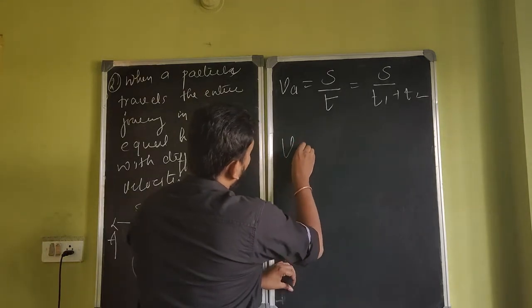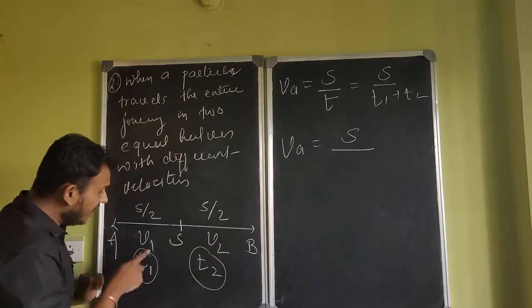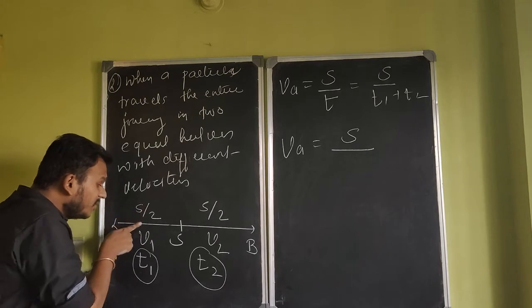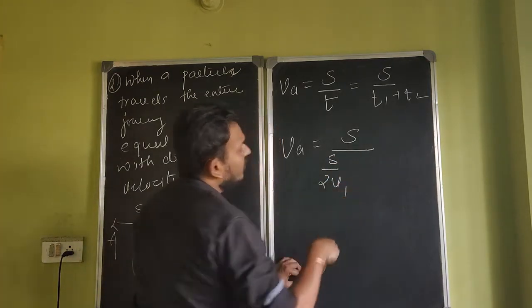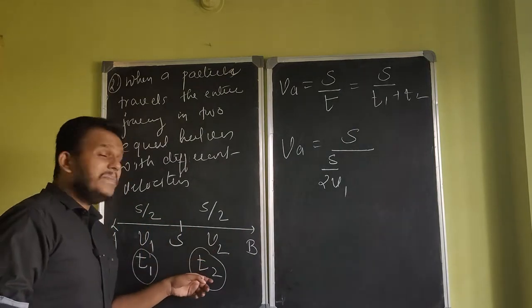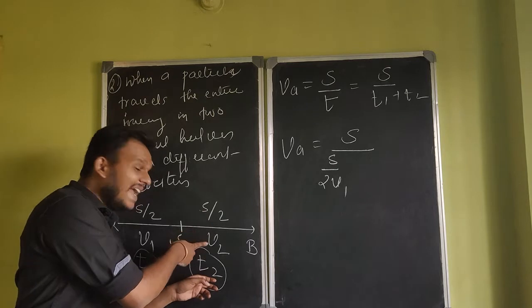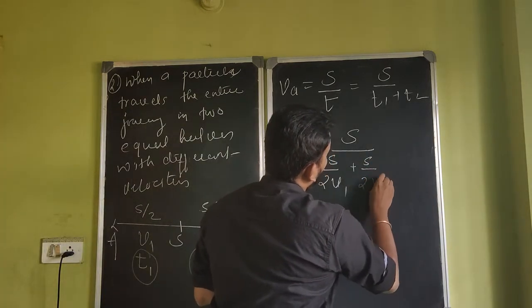So average velocity anyway is s divided by t1 plus t2. t1 is going to be equal to this displacement by this velocity, which is s by 2 v1, right? Continue. This time t2 will be that displacement by that velocity, which is s by 2 v2.